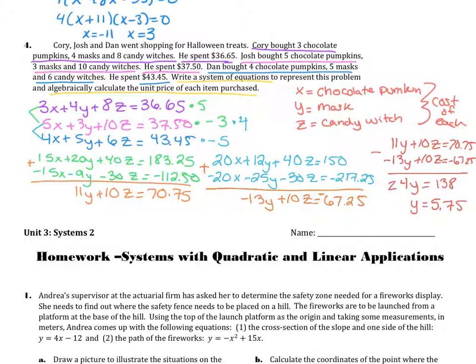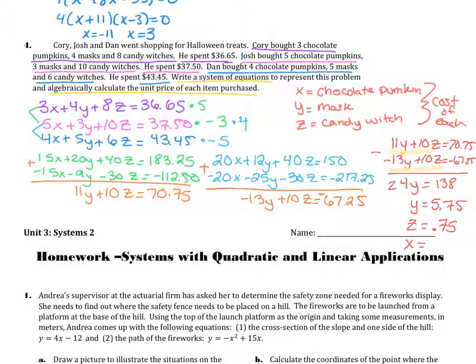Now I'm going to take that y and substitute it back into one of these two equations, and that will get me z. So z will be 0.75, and then I will take both of those and plug them back into one of my original equations.